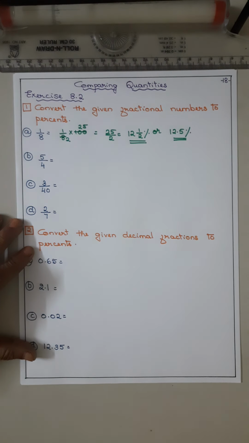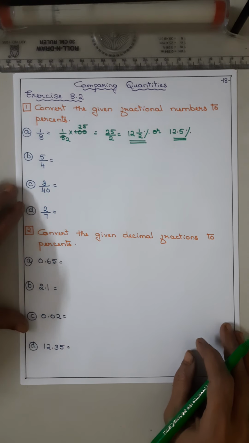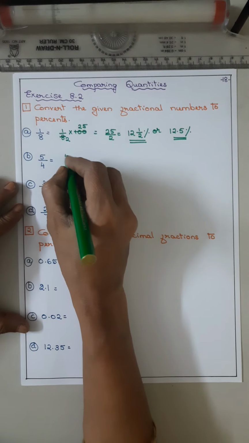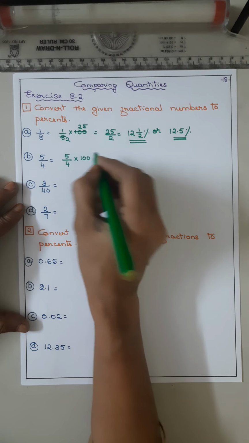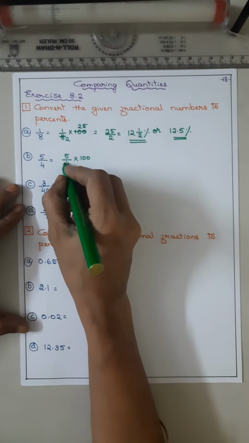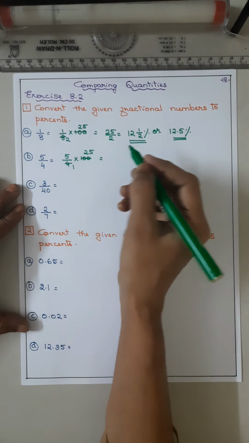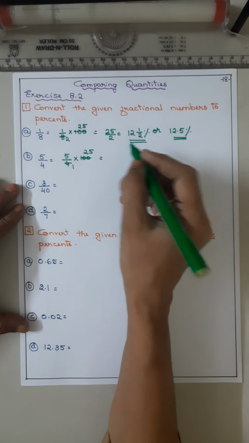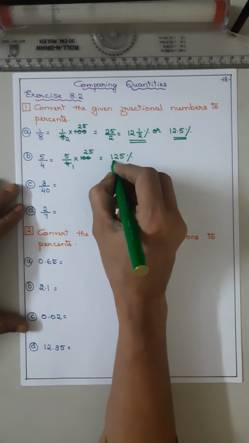Is it clear? Now coming to 5/4. So 5/4 into 100. Now 4 1s are 4, 4 25s are 100, 25 5s are 125, and put the percent sign.